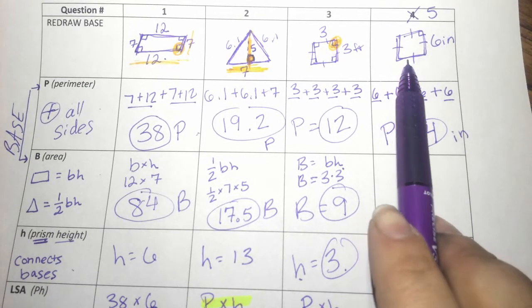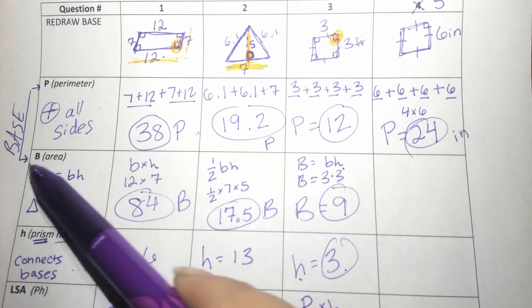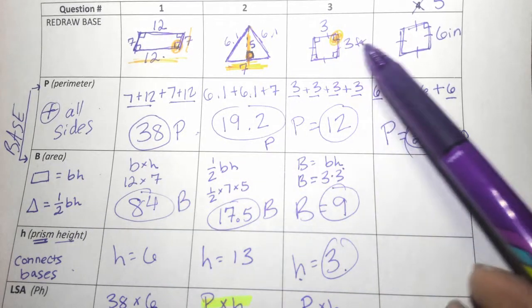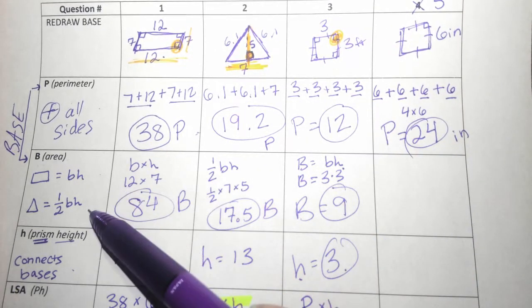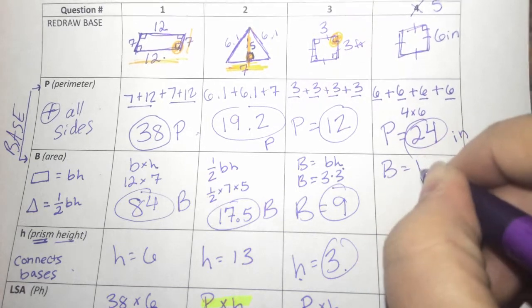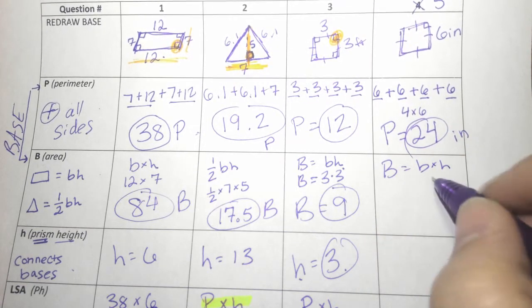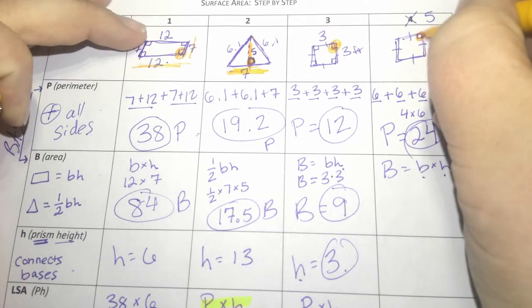Here we have a square. So think about which formula we should be using to find the area. Big B stands for area of this shape. You want to use capital B is B times H. Remember, B and H are just numbers that make a 90-degree angle.